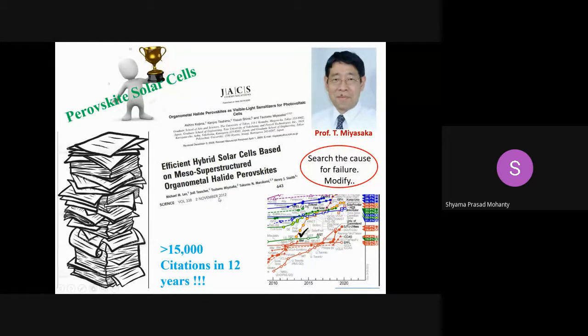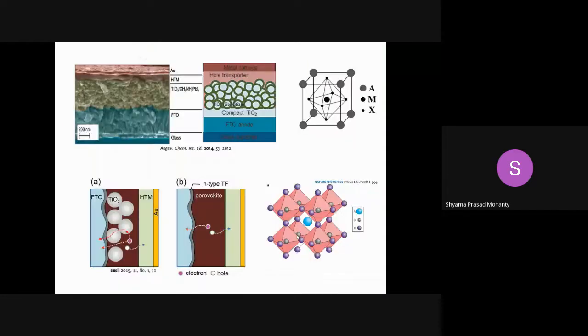So never be disappointed with your failure. That's the message. From failure we can learn, and we can modify things to achieve success. Now you can see that from about 13 or 14% efficiency which was reported, it is now about 25% efficiency in the case of perovskite solar cells.